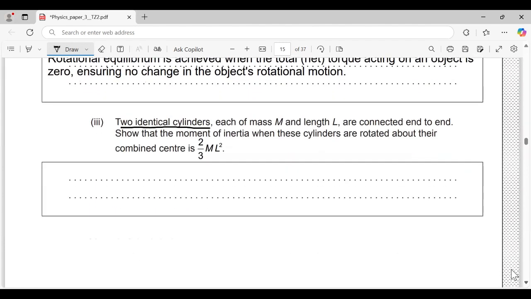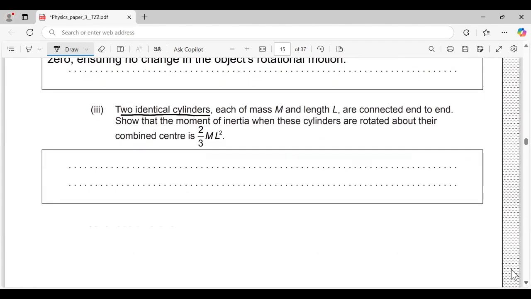If two cylinders, we are going to prove that the moment of inertia is 2/3 ml squared. Okay.